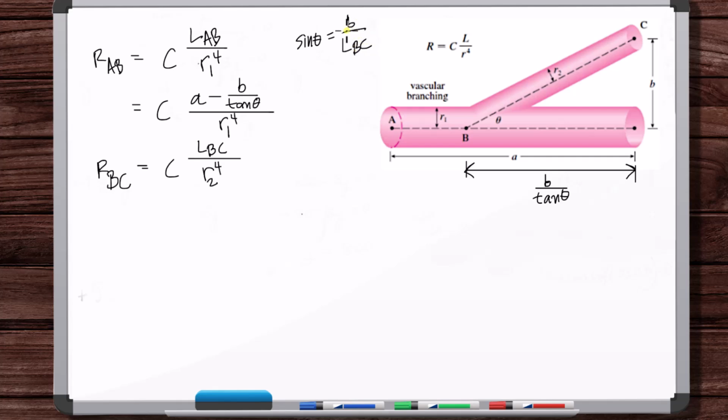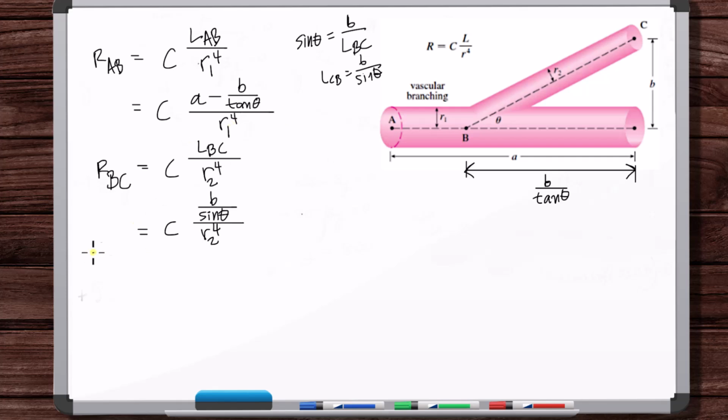So b over sine theta is L_BC, right? L_BC is b over sine theta. Okay, so C and then b over sine theta over r2 to the fourth.